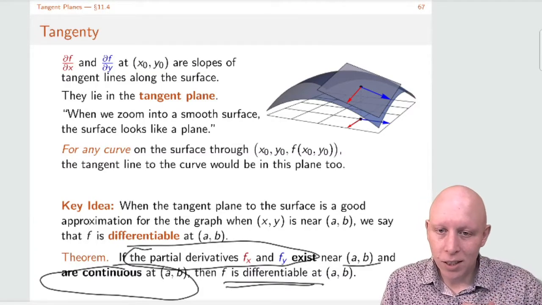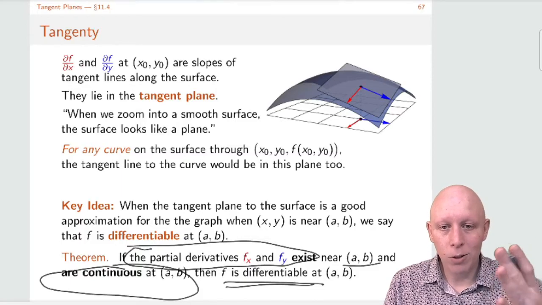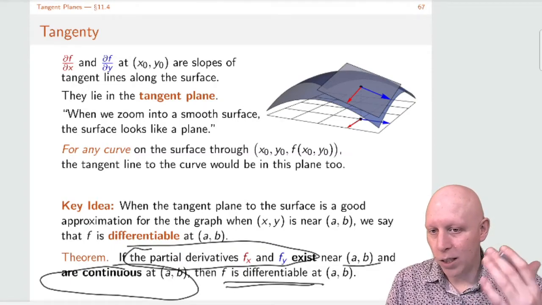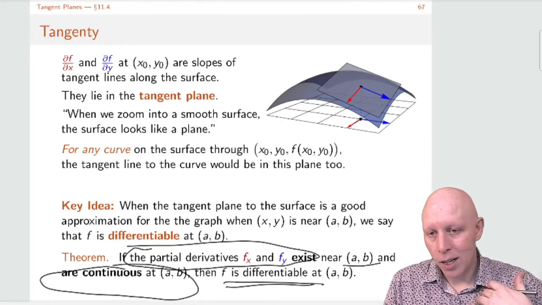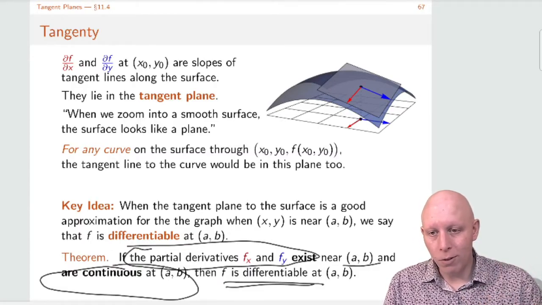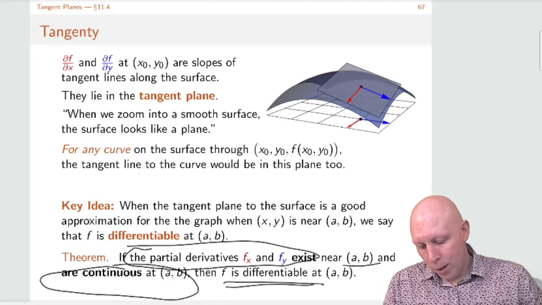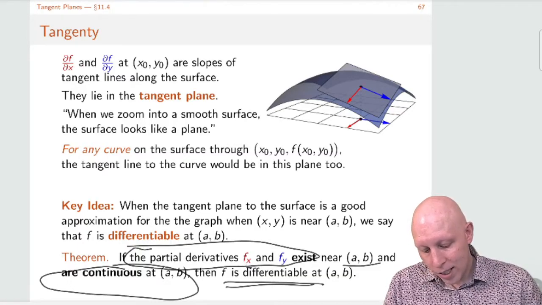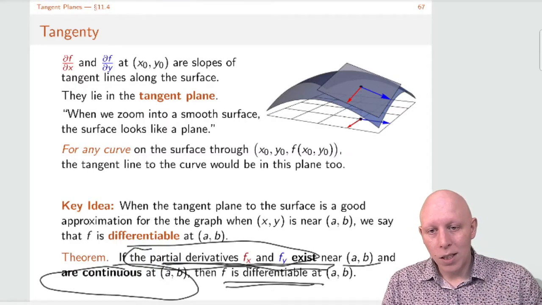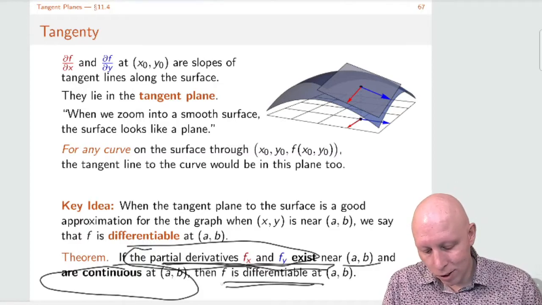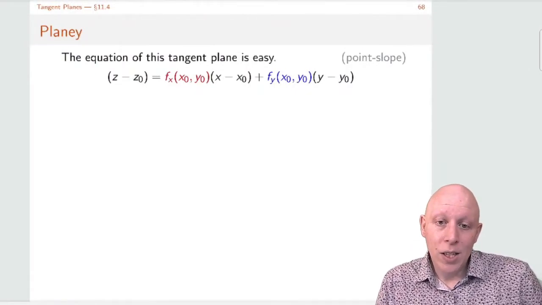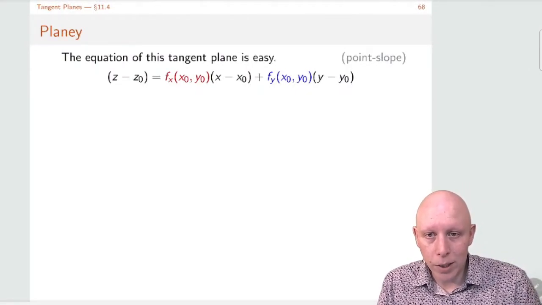If you're interested in understanding this at a deeper level, you would want to take a real analysis class and dive deeper into these definitions to talk about what it means to be differentiable at an even deeper level. But what we're going to do is focus on taking the partial derivatives, checking to see that they exist and that they're continuous. And if that's the case, we're going to say the function is differentiable at that point. All right, so how do we come up with the equation of the tangent plane?